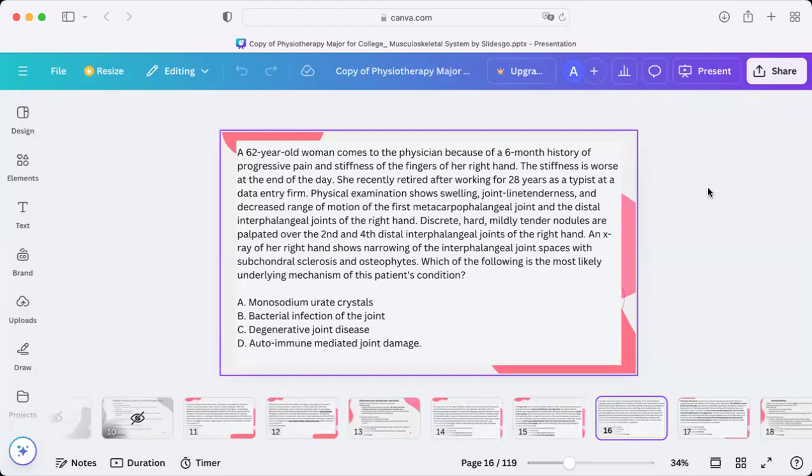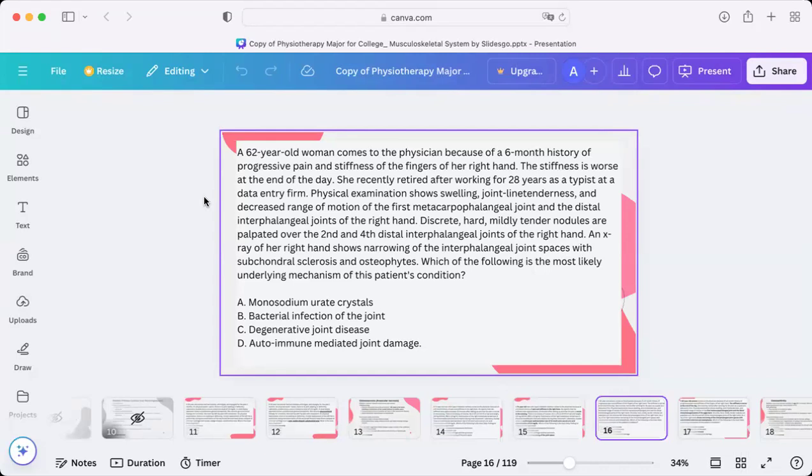Guys, both osteoarthritis and rheumatoid arthritis have presentation in our hand joints. How do we differentiate between the two when it comes to the hands only? Good job. I'm seeing people are putting correct. Good.